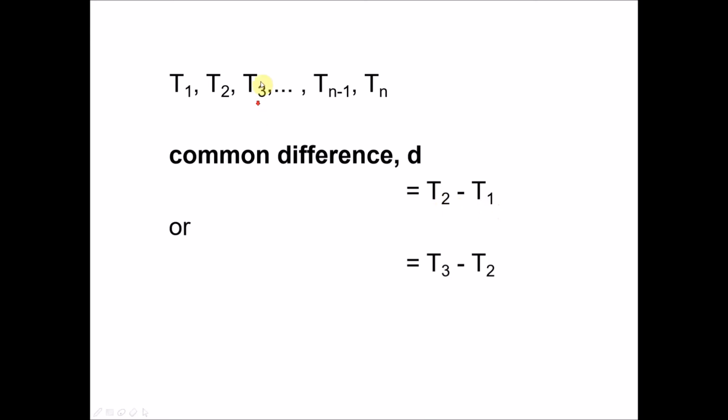Or we can also take the third term minus the second term, T3 minus T2. The values will be the same. Or you can use the fourth term minus the third term, or here Tn minus Tn minus 1. All these will get the same value for D. In order to find the common difference, we take any term in the sequence minus the previous term.